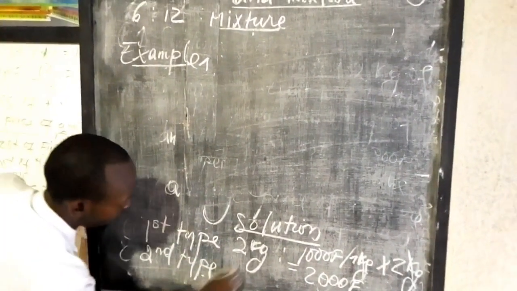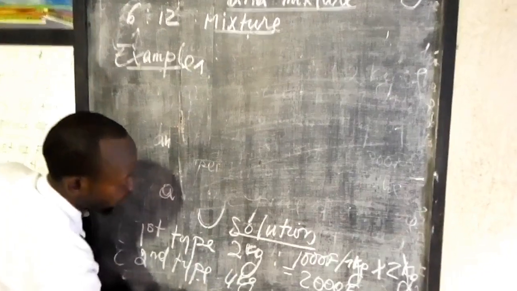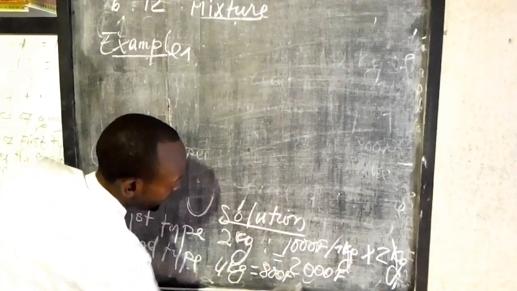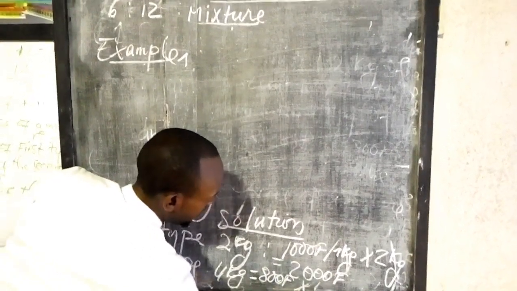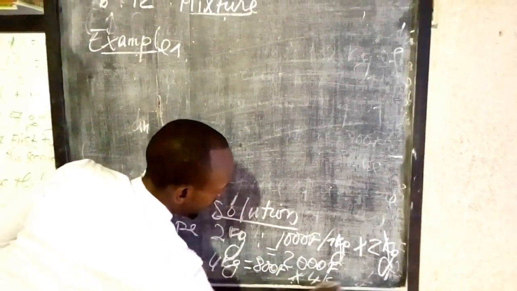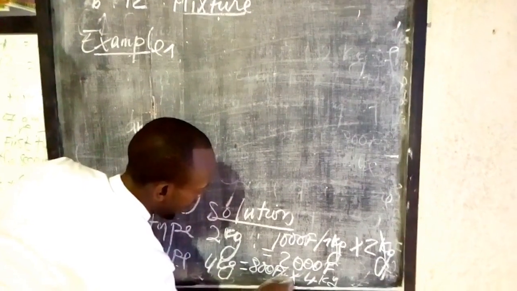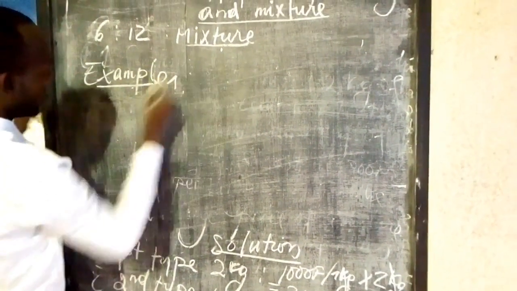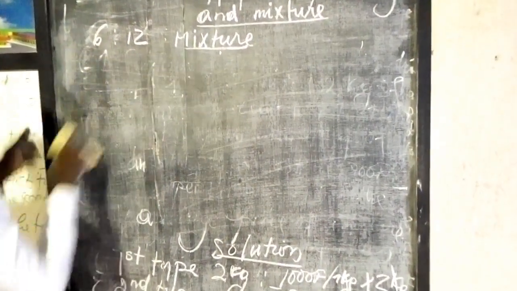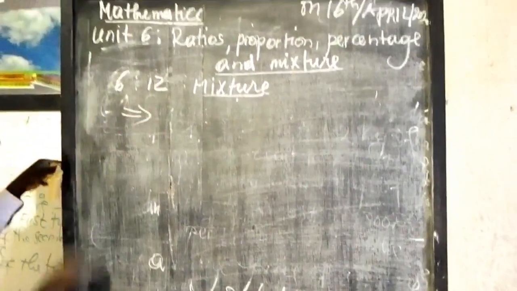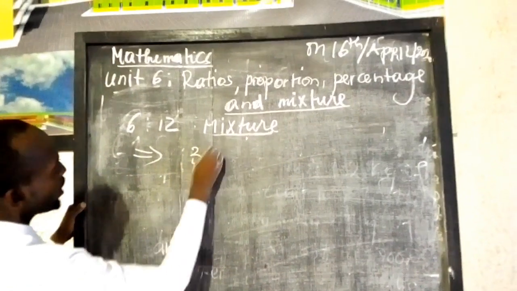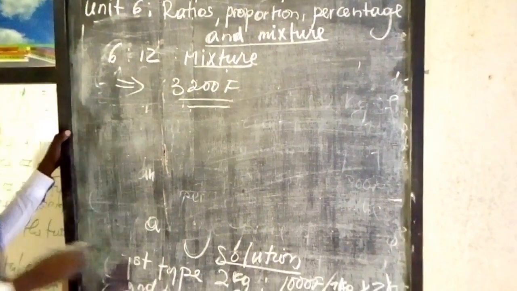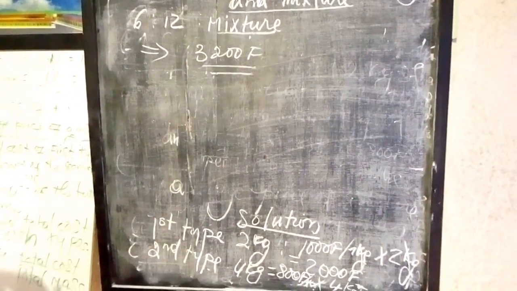The mass of the second type was 4 kilograms, which was sold at 800 francs per 1 kilogram, times 4 kilograms. Then we simplify and get the answer: for the second type, 3,200 francs. That is the cost of the second type.